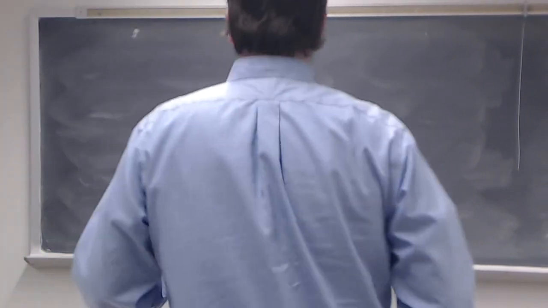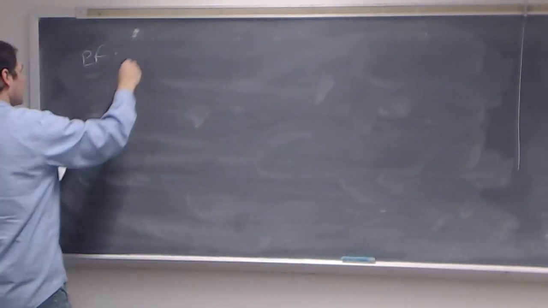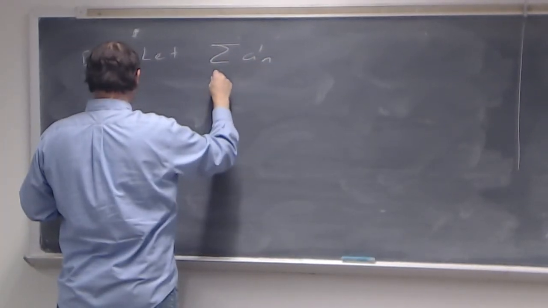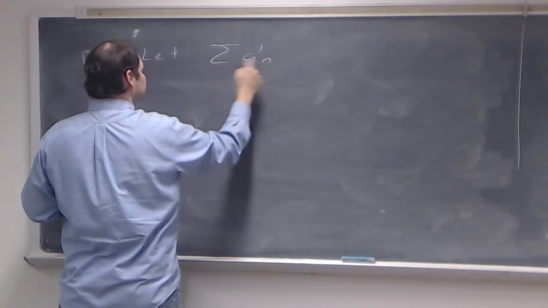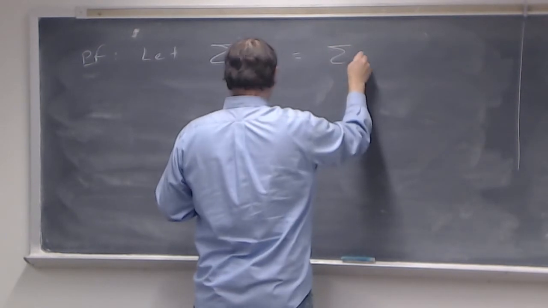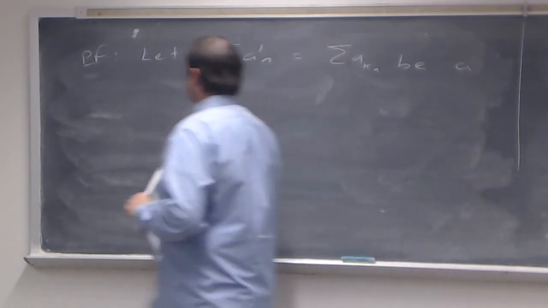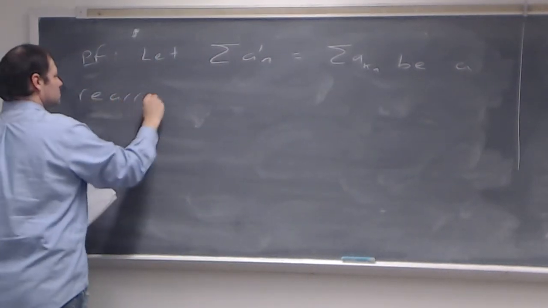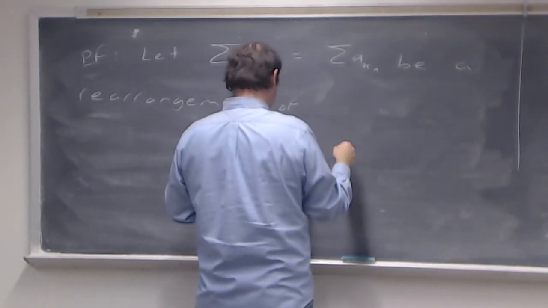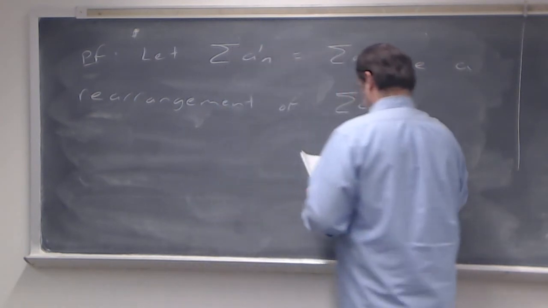Okay, so here's the proof. We let this sum of the a prime sub n's, which equals the sum of a sub k sub n, be a rearrangement of the series of a sub n's.